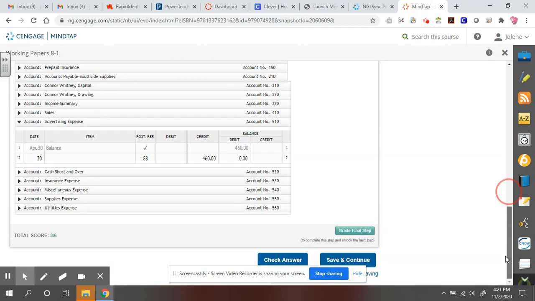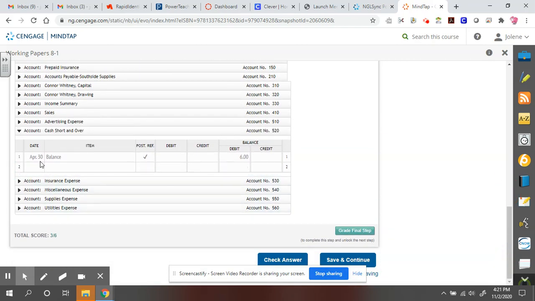Cash over and short for $6. Debit, credit, we subtract them. It cancels out. So that account now is closed for the month of April at a zero balance. Nothing to carry on to the next month, to May.